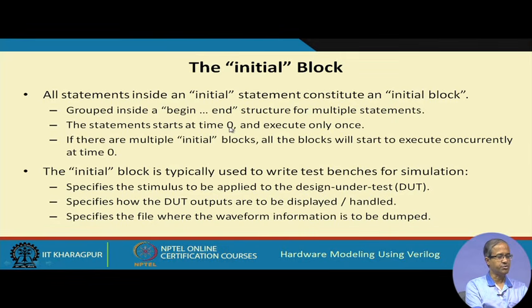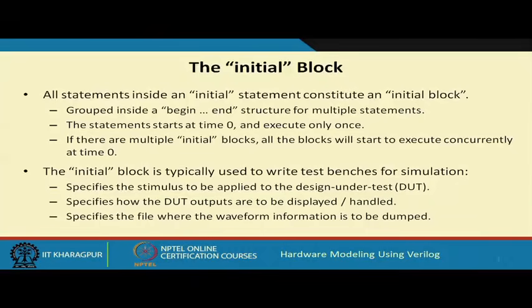Now, the rule for execution is that the statements inside this begin end start executing at time 0 and they execute only once. This is important. If you do not specify any explicit timing by giving that hash command, it is assumed that the first statement inside that block will start executing at time t equal to 0, and initial means the statements will be executed only once.